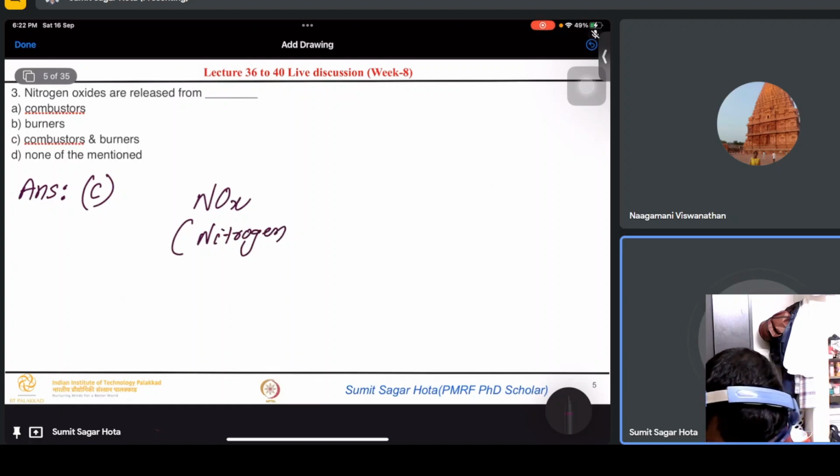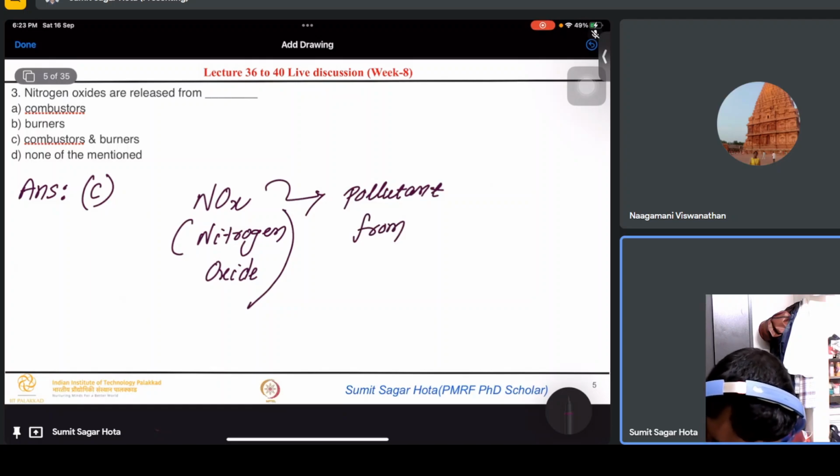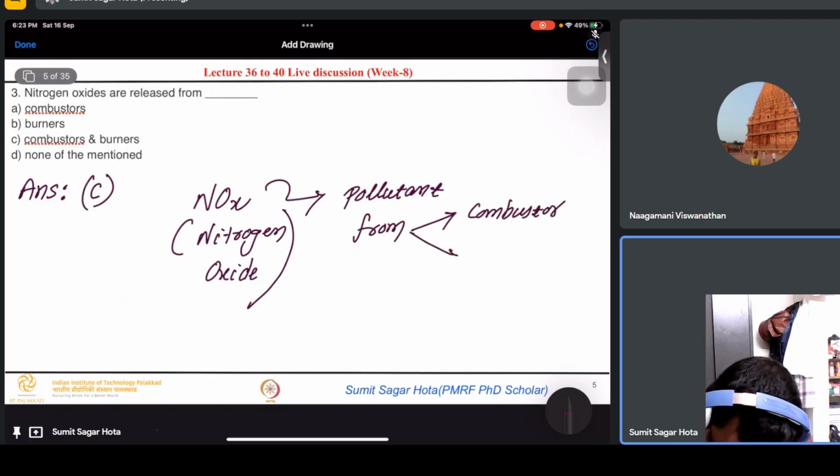X can be any number, it can be 1, 2, 3, whatever, but it is an oxide form of nitrogen. Combustor and burner.